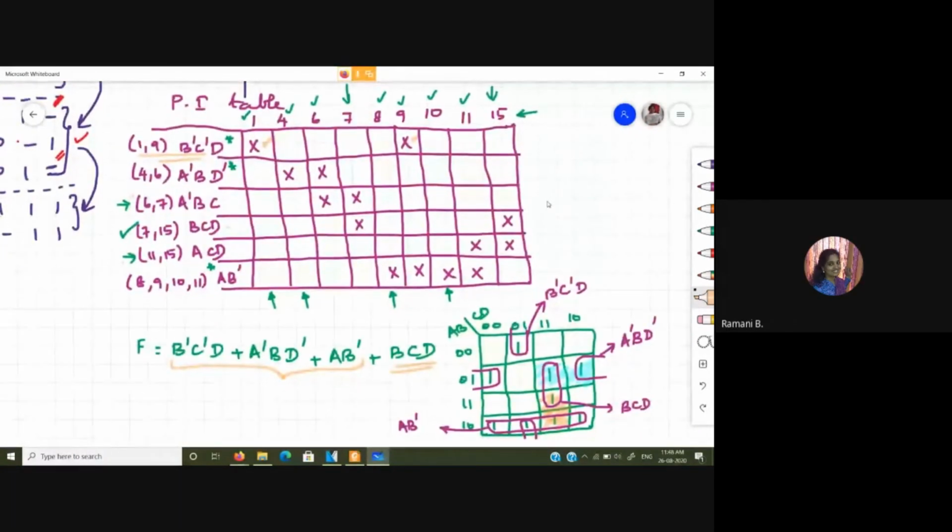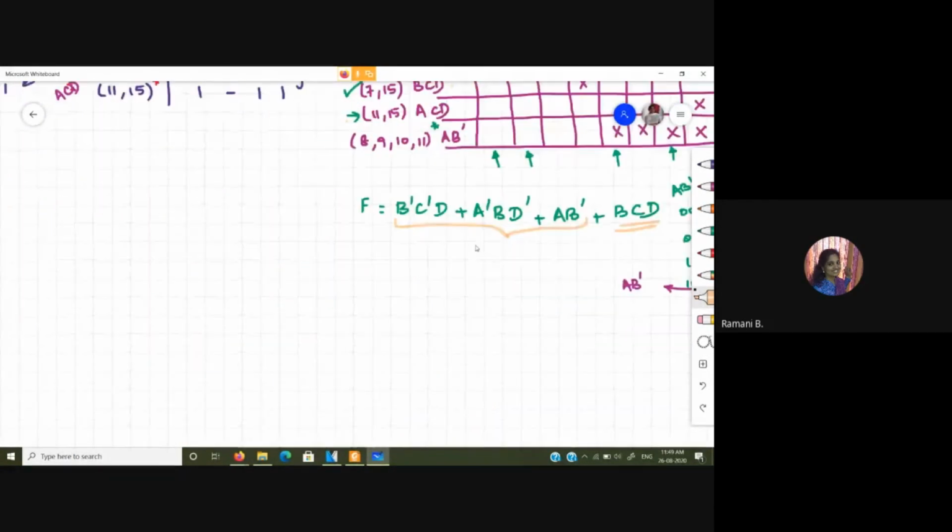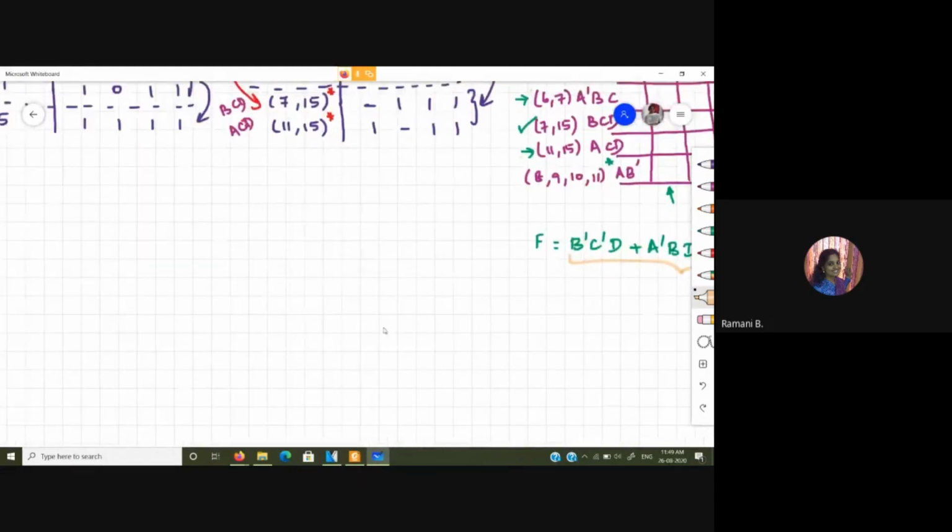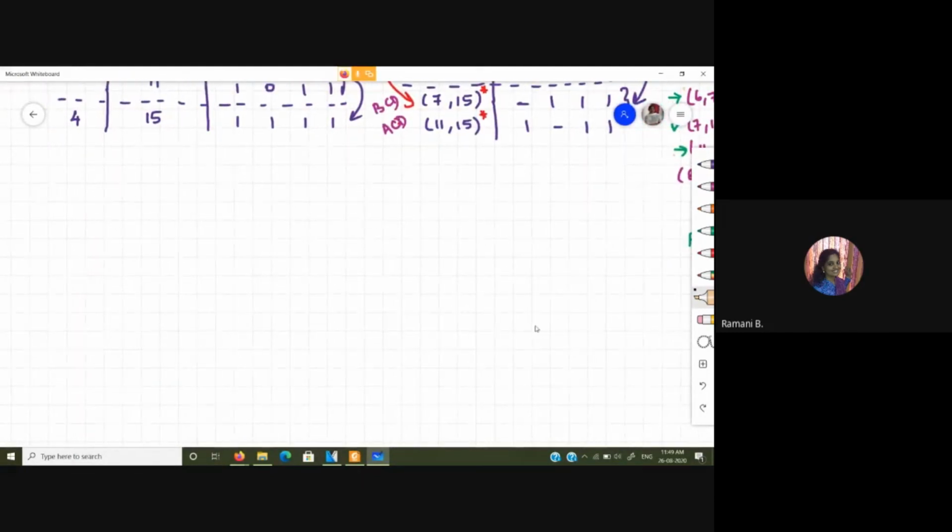Now you guys understood how we got this expression. So we shall see one more example, maybe with 3 variables, just for comfortability. So let me take 0, 2, 4, 5, 6 and 7.